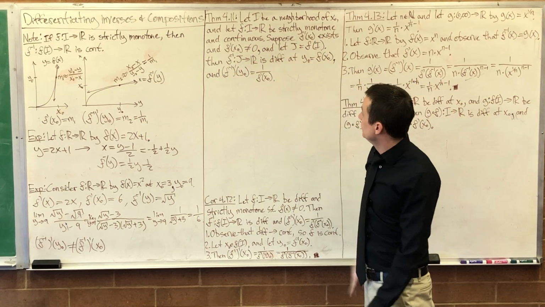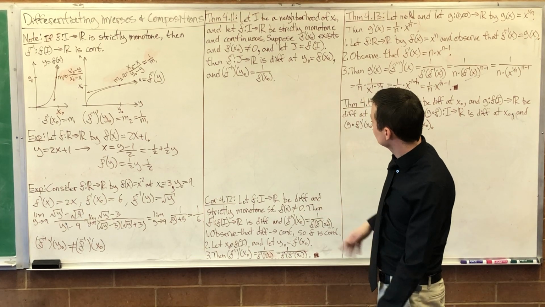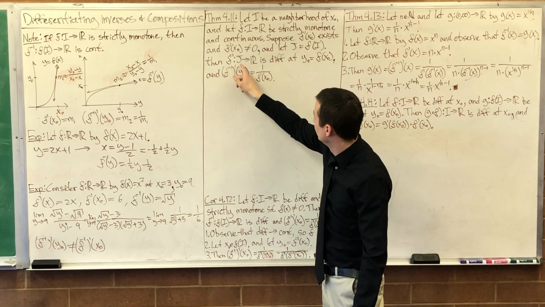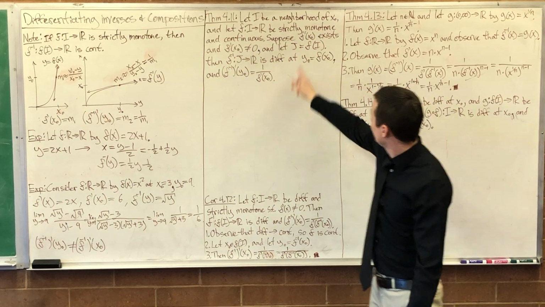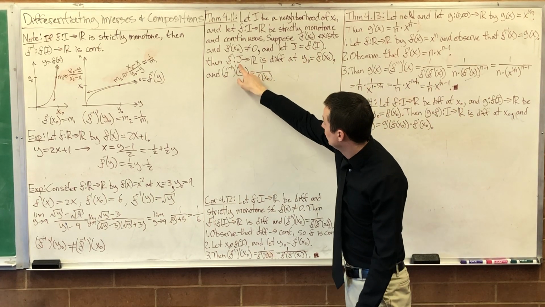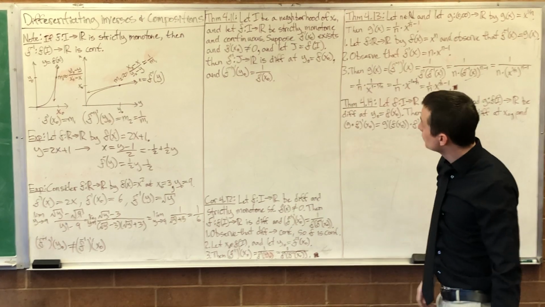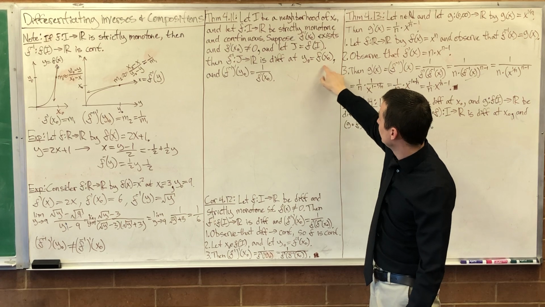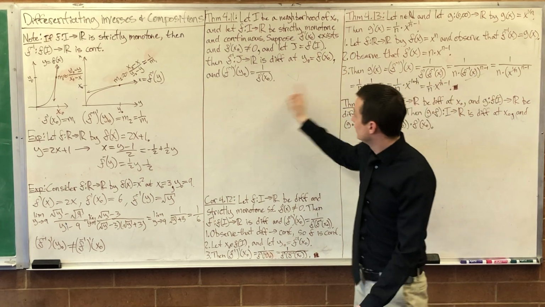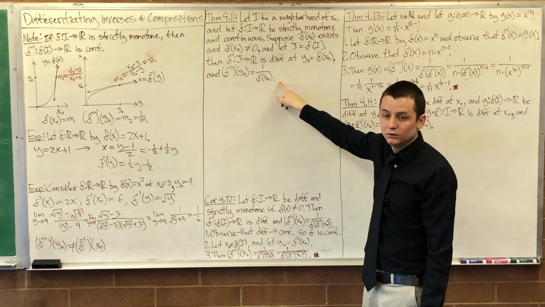And let J be the image of f, because we just want to write the domain of this function with a letter instead of saying f of I. So let J be basically the domain of our inverse function. And we're going to prove that it is differentiable at the point y naught equal to f of x naught, and that its derivative is this exact value.